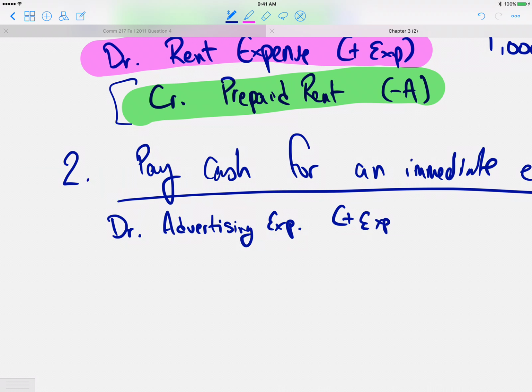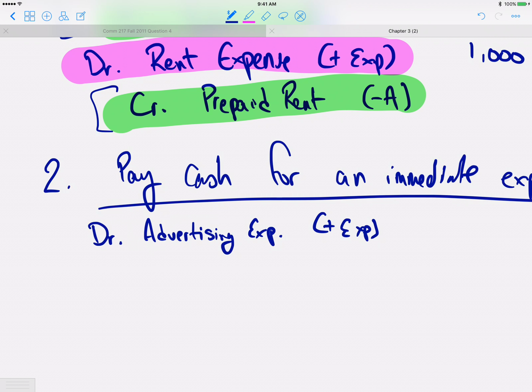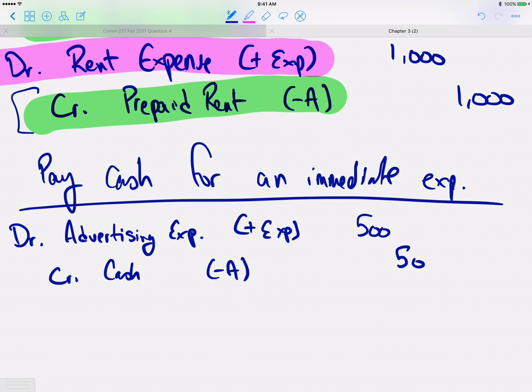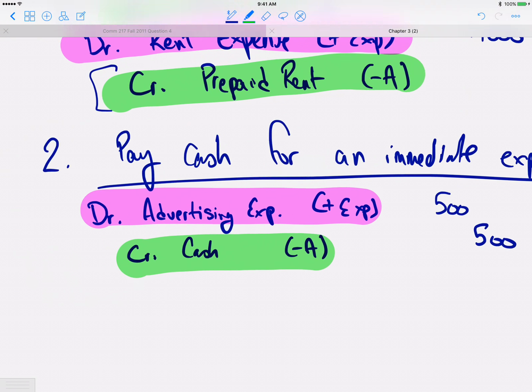So it's an increase to our expenses. Let's say $500. And we credit cash. So that's a decrease to our assets. And as mentioned before, this is on our income statement. And the cash is on our balance sheet.